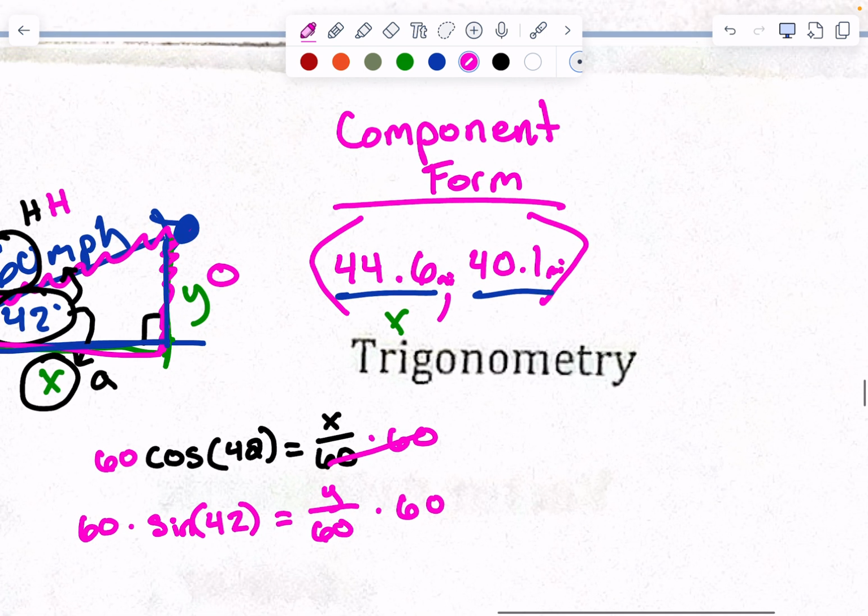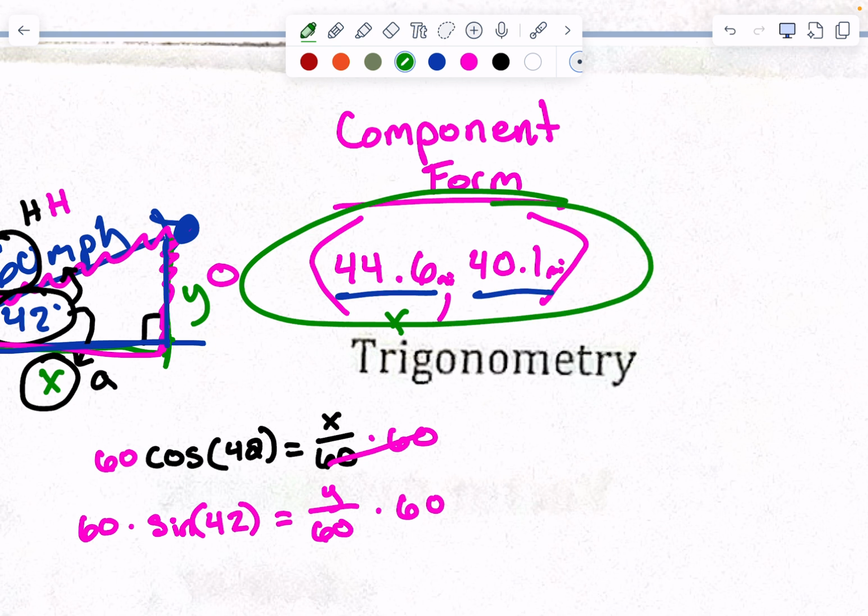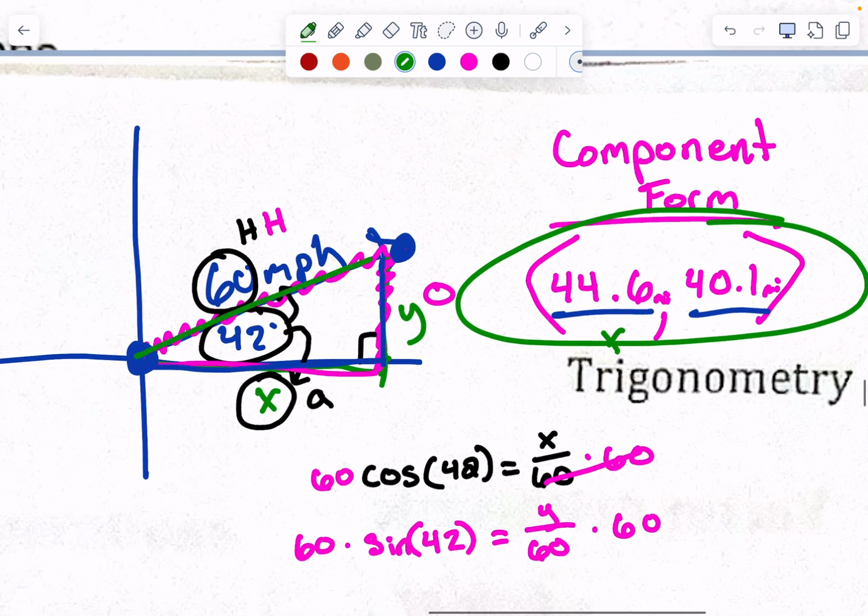So vectors are a lot of times written in component form, which is this guy. Now, you want your vectors to be in component form in order to be able to add them together. So for example, let's say this is a ball that I'm throwing, right? What does that oftentimes encounter when I'm throwing something or tossing something? Wind resistance. So we have another vector that is acting against it, that is wind.